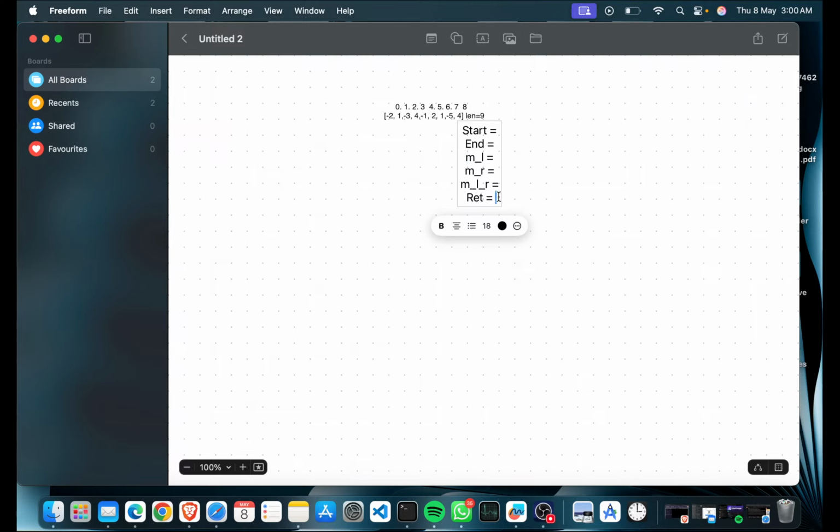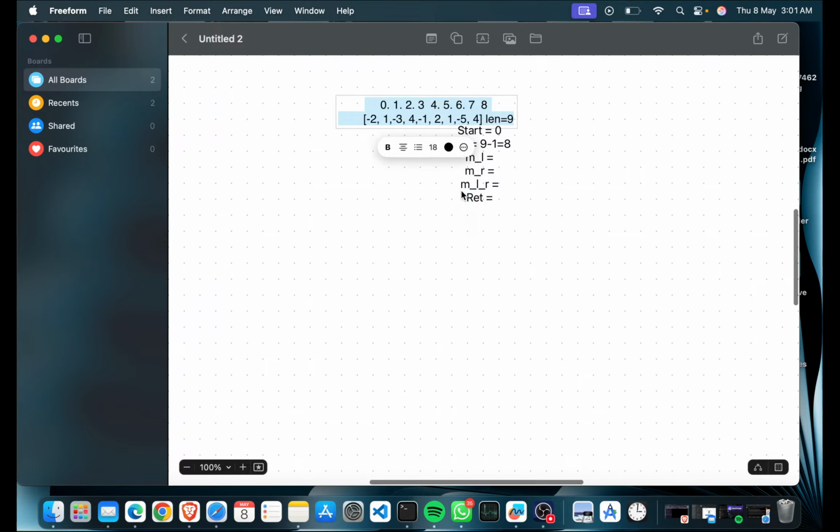Copy. Okay, so first the start is 0 and end is 9 minus 1, that is 8, and the max left. For max left I should increase its size. I don't know how to increase. Okay, 9 in this way. I think 18 is perfect.